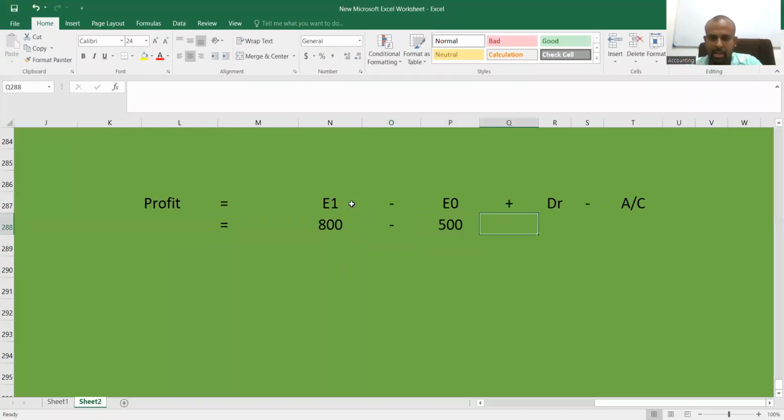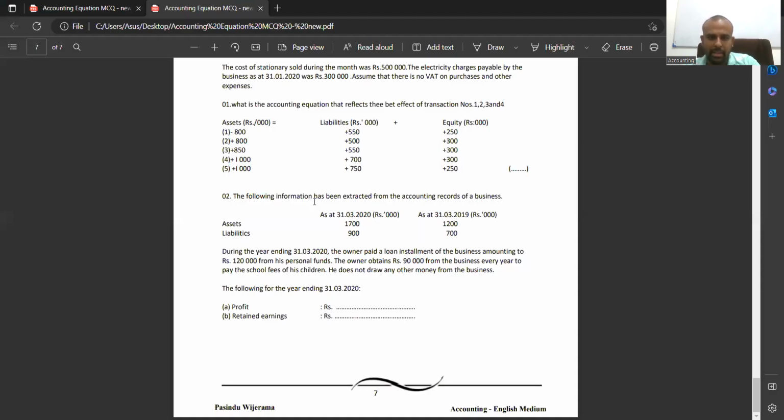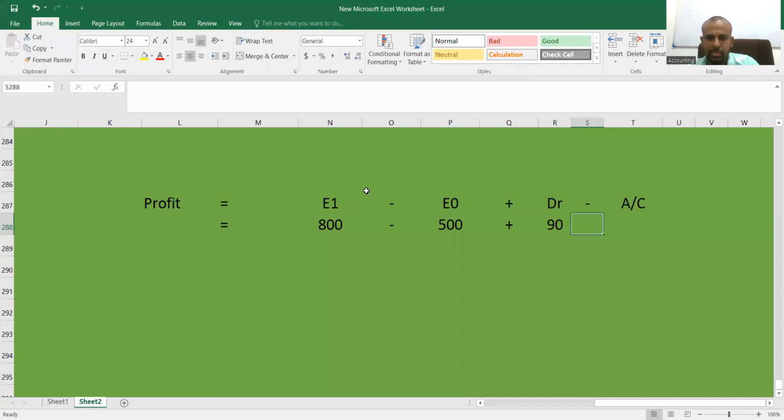Drawings during the period are 90,000. Every year you take 90,000, so this year also you might have taken 90,000. And additional capital 120,000. He has invested 120,000, minus 120.